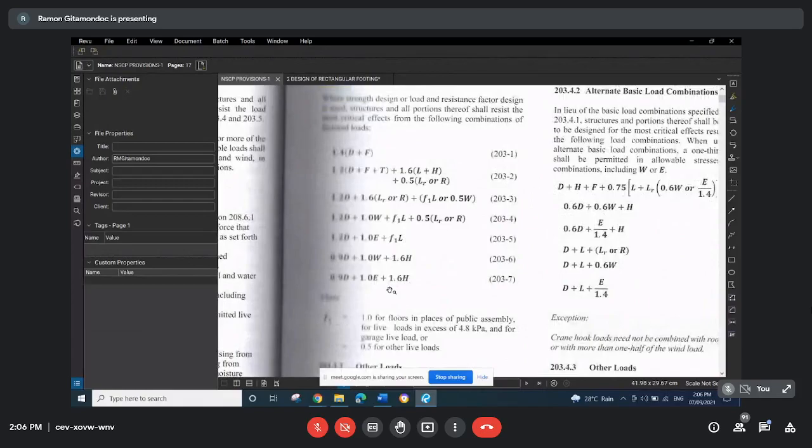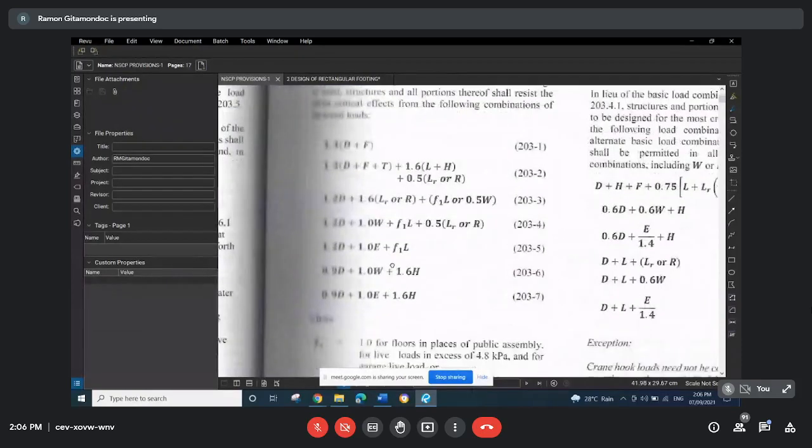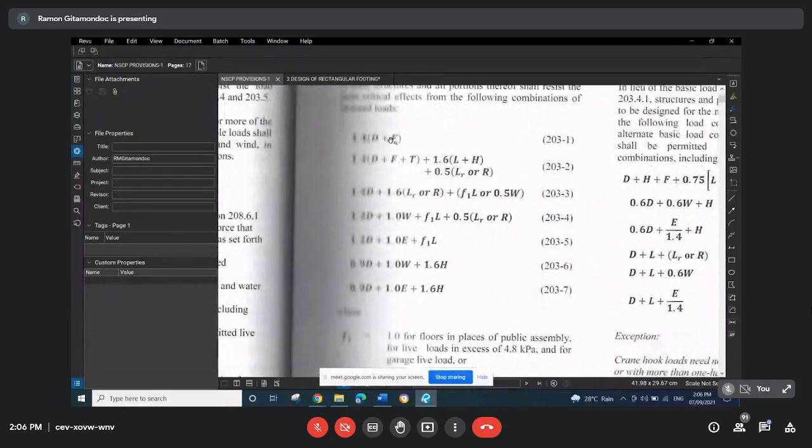So these are the load combinations. You have 1.4 dead plus fluid pressure, then you have 1.2 dead plus 1.6 live, no? This is the one that we should use in our load combination, since we don't have fluid and self-restraining forces and no lateral forces, no?